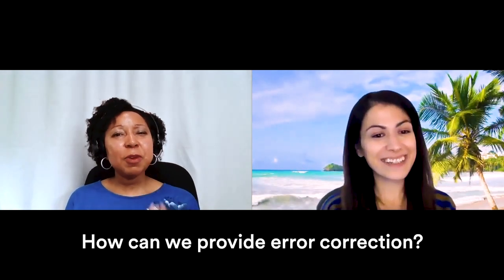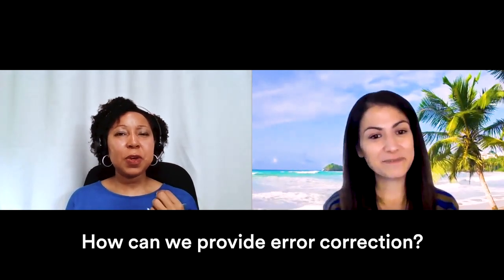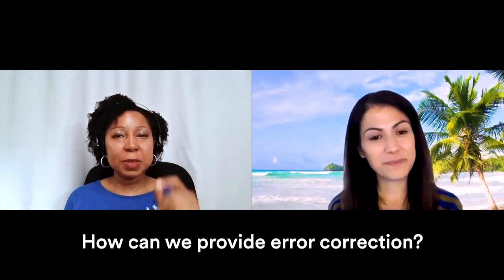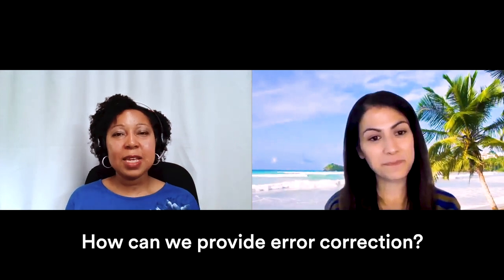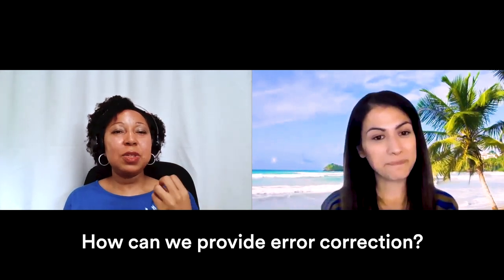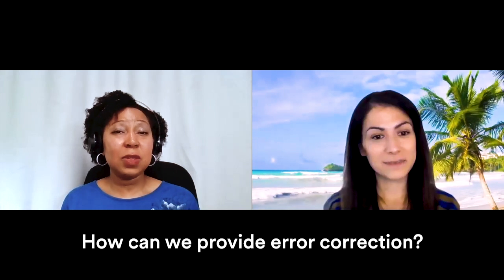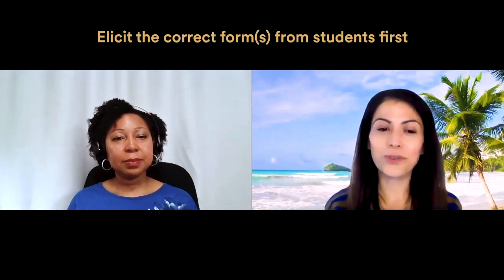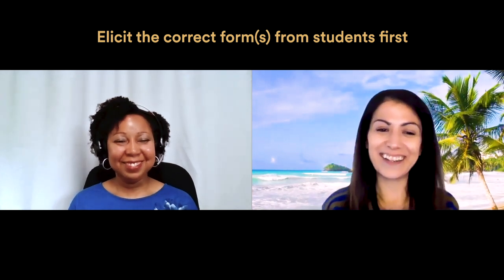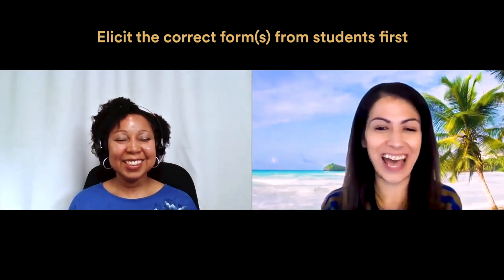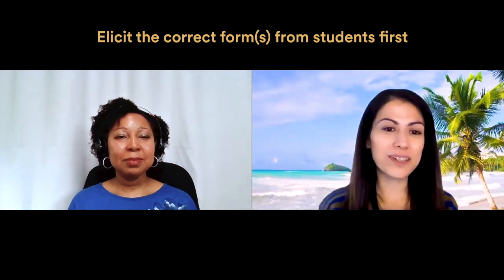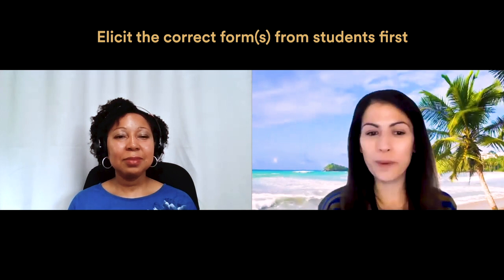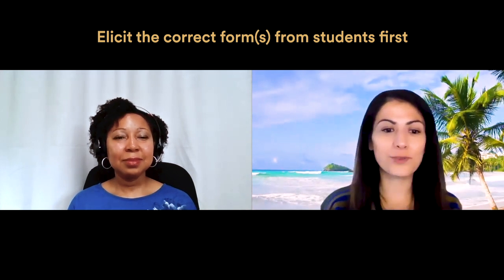So, Matina, how do you prefer to correct the student? Do you prefer to explicitly say, you said this, but you should have said this, or do you prefer to try to get the student to correct themselves, also known as eliciting? I will always go for eliciting. I don't know if this is just a teacher habit of mine, but explicitly saying what the correct form is will be my last resort, kind of.